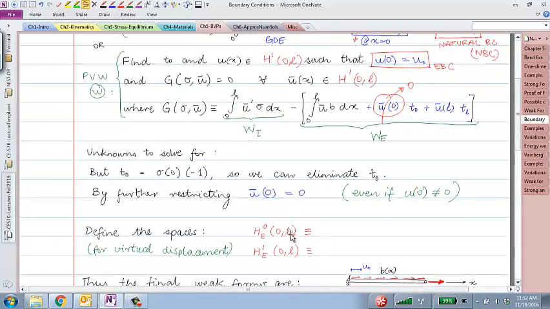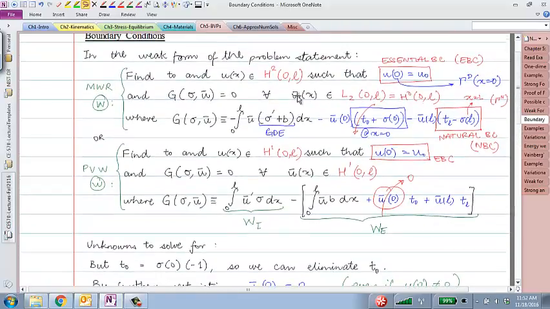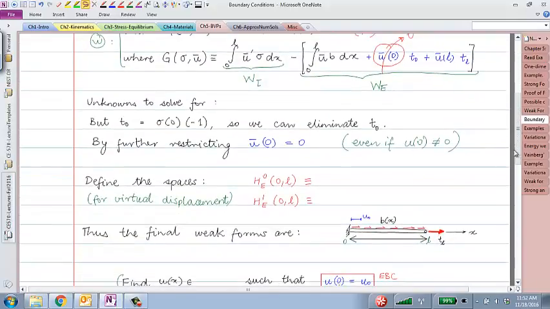For virtual displacement, for example from here, the virtual displacement has to be in h0 and it has to go to 0 at x equal to 0. Similarly here, virtual displacement has to be in h1 and it has to go to 0 at x equal to 0. So I'll define these extra spaces. These are spaces that have functions that are in h0, in 0 to L, and very importantly, u bar 0 is equal to 0.